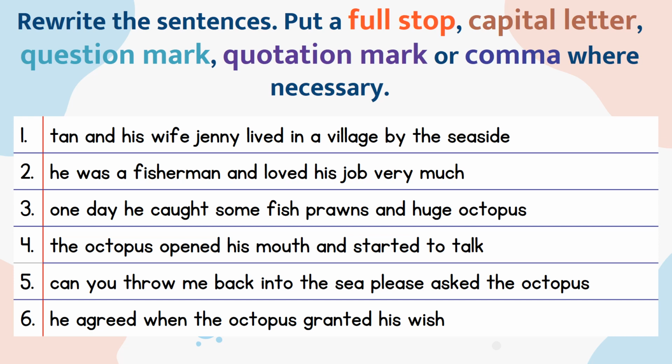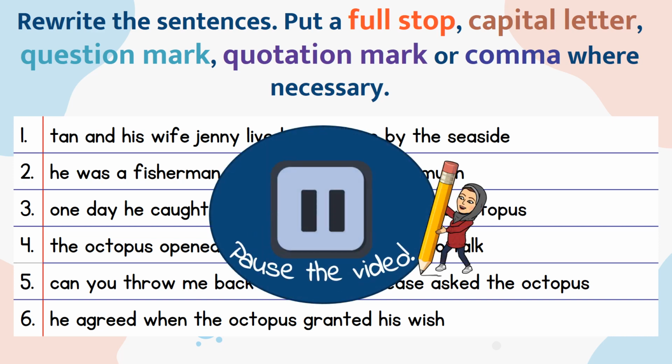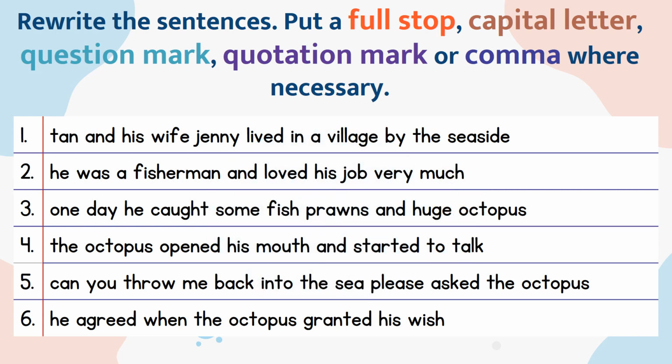You should put either a full stop, a capital letter, a question mark, a quotation mark, or a comma where necessary. There are 6 sentences here. You can pause this video and write these sentences in your exercise book. Then we will discuss the answers.